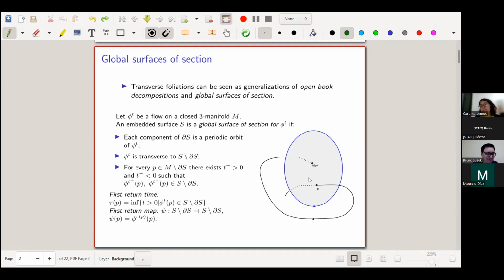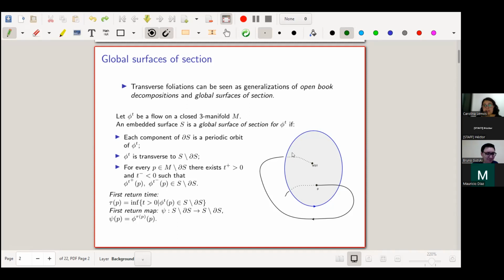The idea of a global surface of section is the following. We are in a three-manifold, and we have a smooth flow in it. We have a surface, a two-dimensional thing, that can have boundary. If it has boundary, the boundary consists of periodic orbits of the flow.